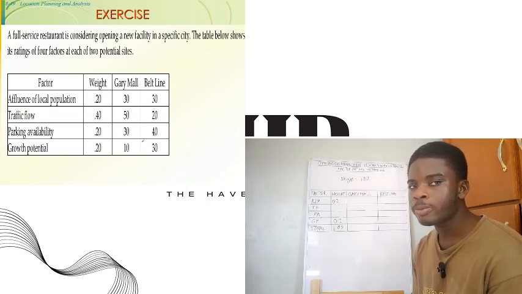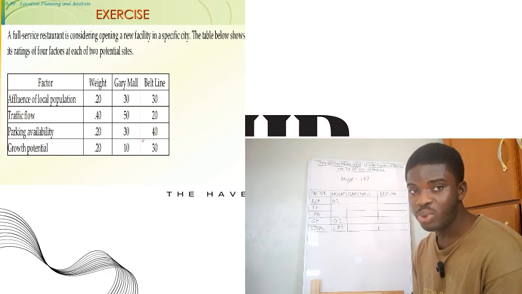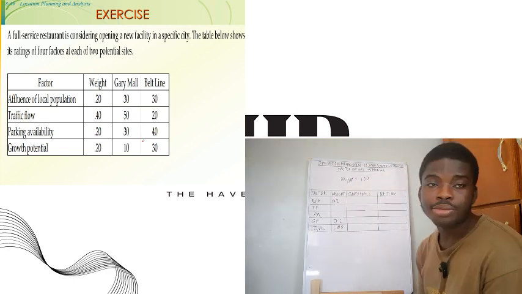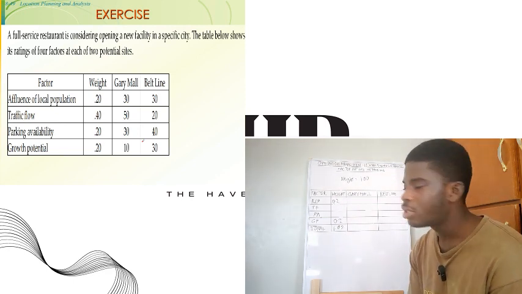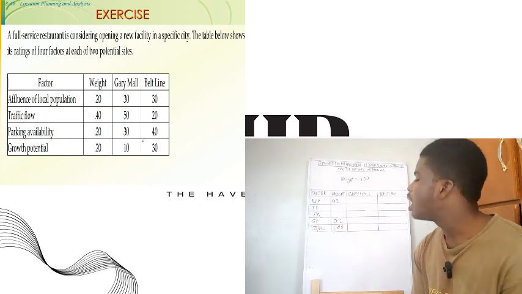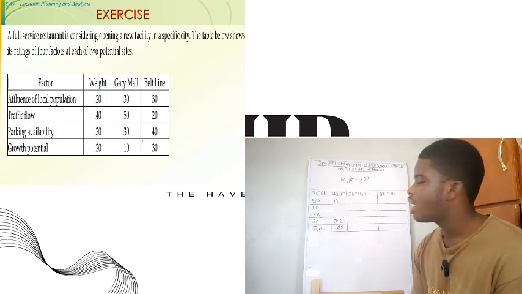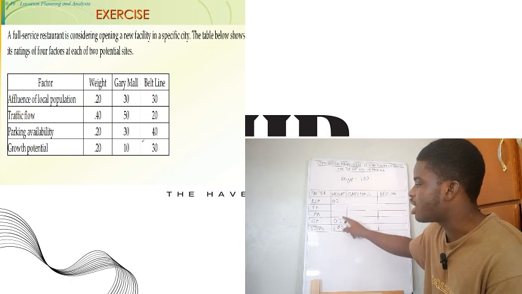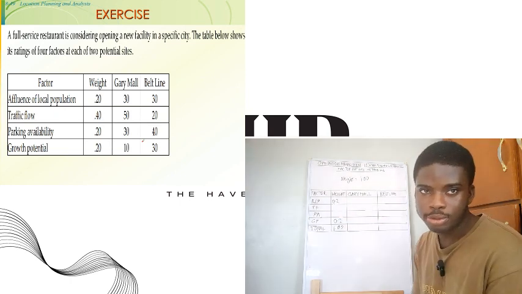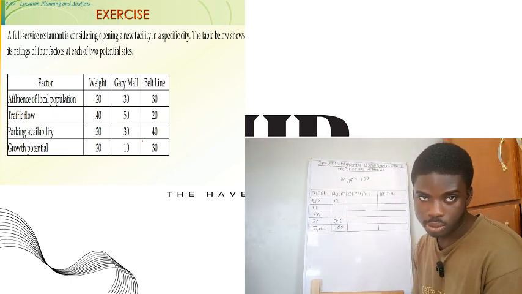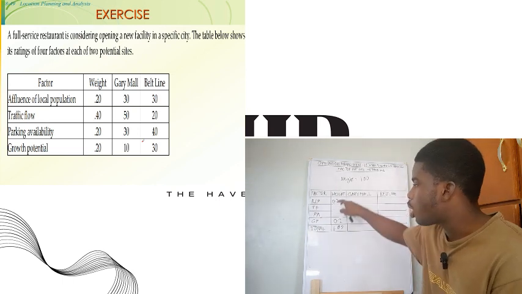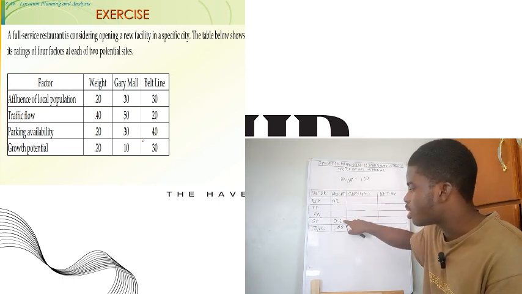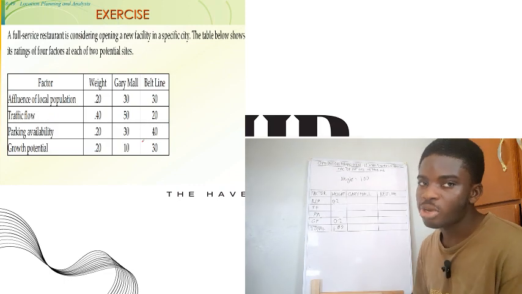Now, how do you get the weight? First of all, we know that the weights will be equal to 1. After this and this have been assigned, the remaining two have equal weights. So what do we do? You add the 0.2 to the 0.2, that gives 0.4.